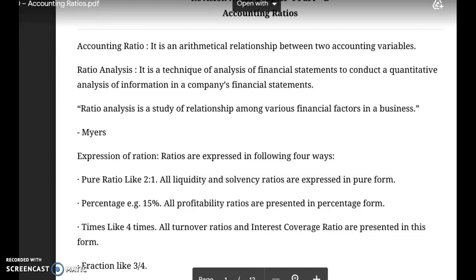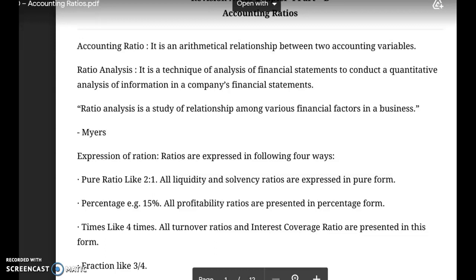Before we start any topic, we must understand the basic meaning or basic definition of the concept which we are going to start. So relating to accounting ratios, first of all, we must understand what a financial statement is and how they are to be analyzed.